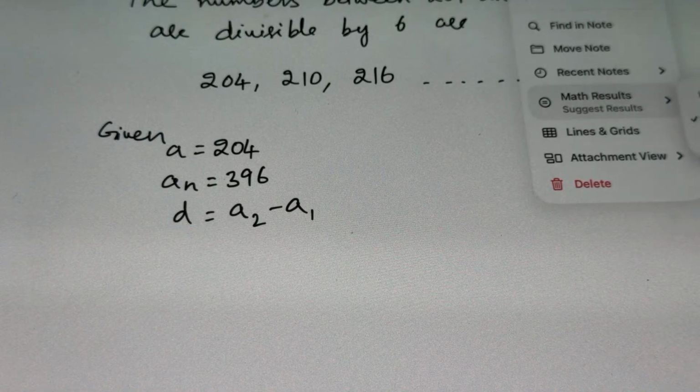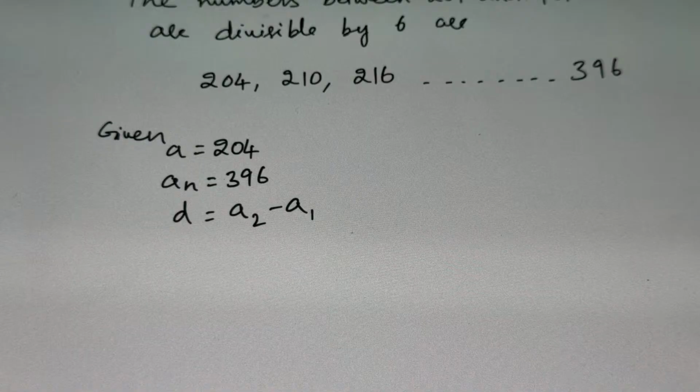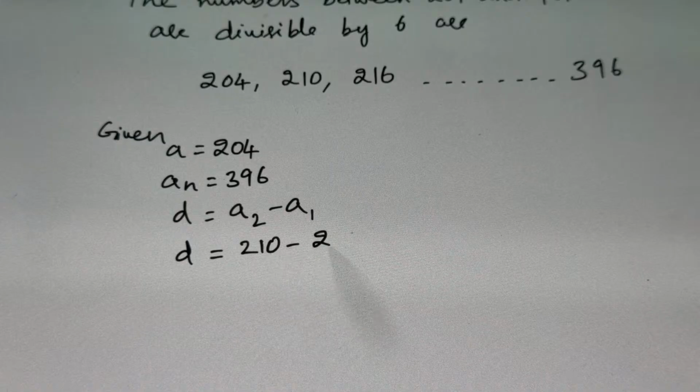So d is equal to a2 is 210 minus a1 is 204. So we get d is equal to 6.